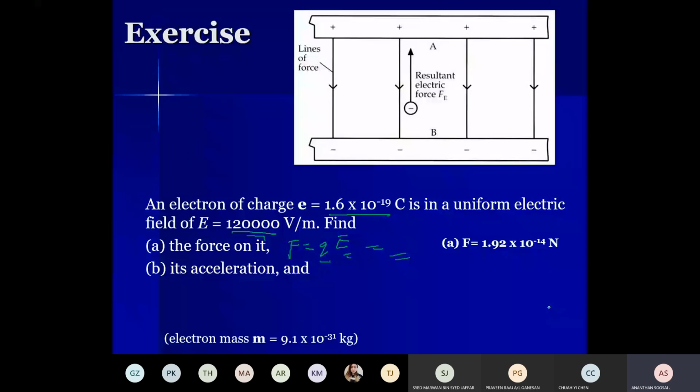So what formula do you use? F equals MA. You already know the force from part A, and you know the mass here, so you find the acceleration, force over M. So the acceleration is going to be huge.